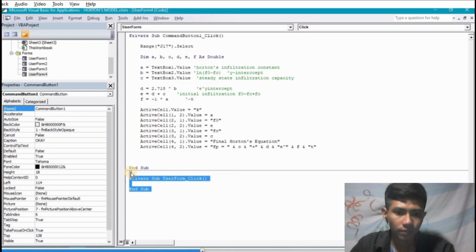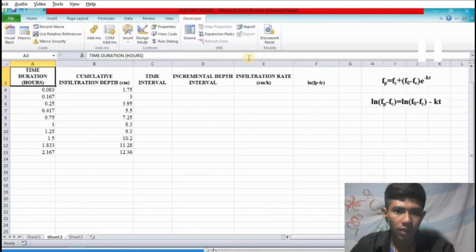What I will do here in this part was exactly what the source that I watched did. Okay? Let's watch this. Mabagal kasi ako mag-type, so I've already copied the data needed, the time and depth.